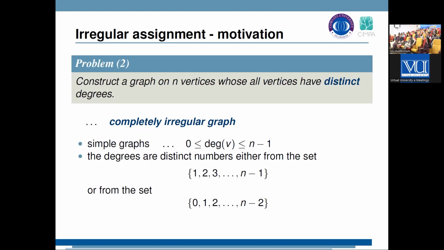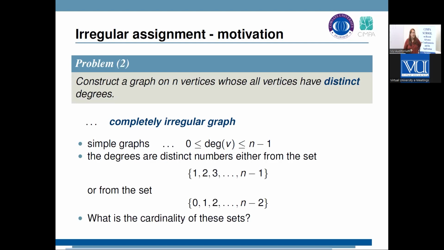Can you see why we cannot have n-1 here? If we have a vertex of degree 0, it is not connected to any other vertex, so the maximal degree is n-2. And now, what is the cardinality of this set?